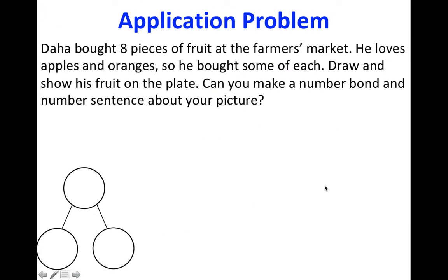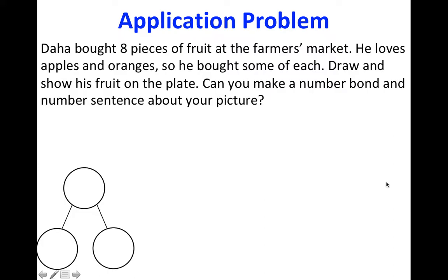So our application for today is, before I read you your application problem, please take out your number bond chart and your dry erase markers and leave it in front of you. I will read out the application problem out loud. After I finish reading, you can do the math problem on your own, and I will do my problem.